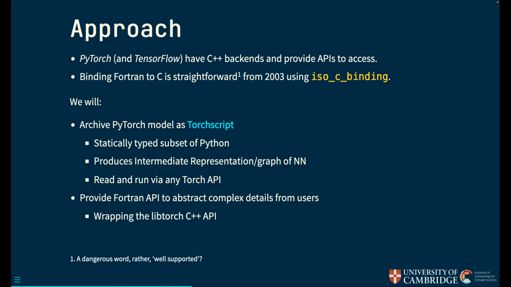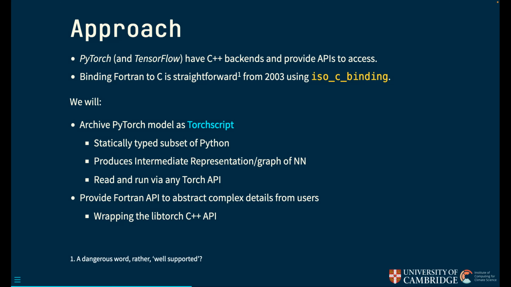This is a utility from within PyTorch itself, and this is a static type subset of Python, and it's essentially saving things as this intermediate representation or a graph representation of our neural networks.